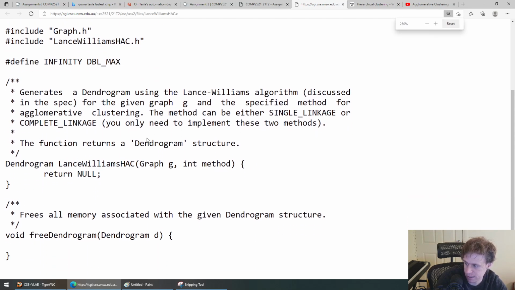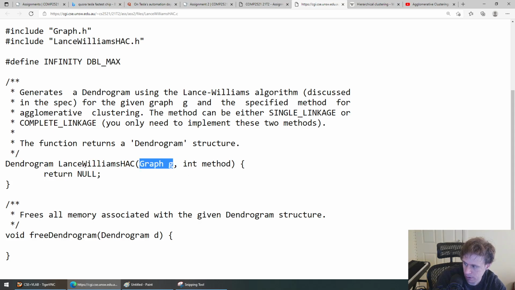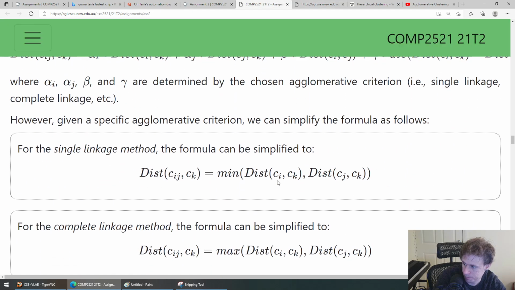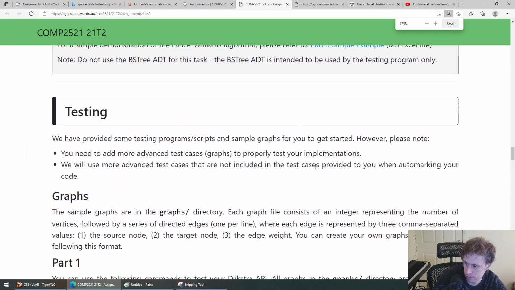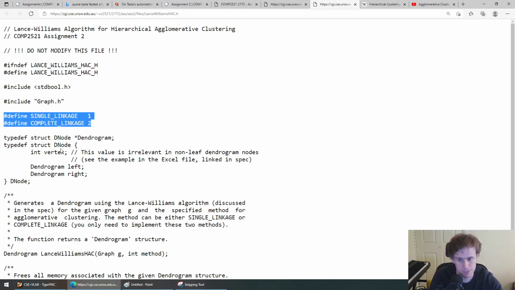So this ADT here wants you to take in a graph and produce a dendrogram. And it asks for a method, and that method is either... sorry, let me just grab the file. You can see that the methods available are hash defined just as numbers: there's single linkage or complete linkage.